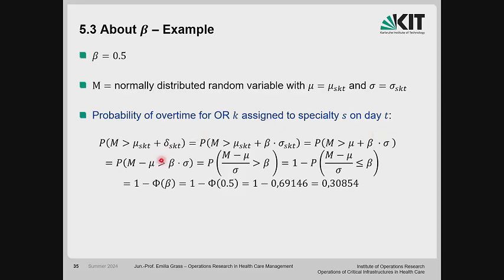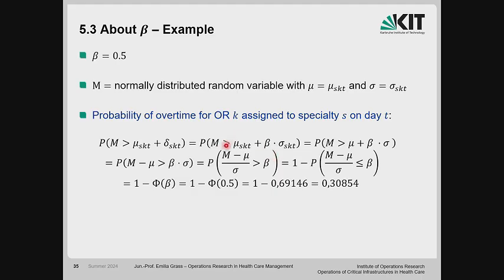Then we can see that if we move mu and sigma from the right-hand side to the left side, this might be familiar to you. This is the normalization in order to use the standard normal distribution table.